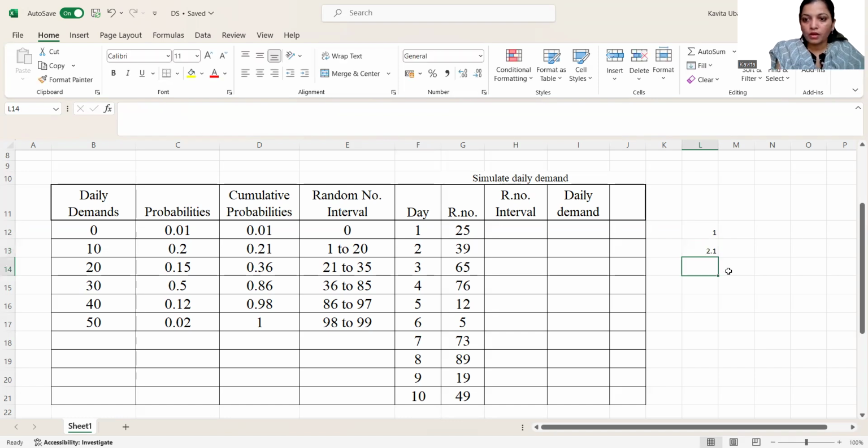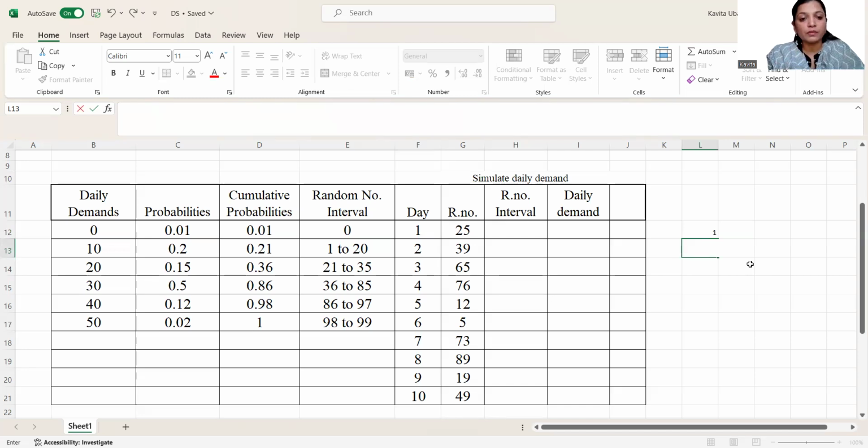The answer will be 21. It means your first 21 numbers, that interval will be 0 to 20, because we are considering 0. So 0 to 20 would be your second random number interval. But in the first interval, you have already covered 0. So the second random number interval will be 1 to 20.